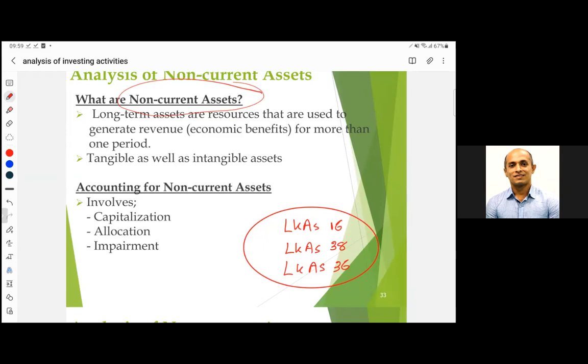So give me one minute, I'll give you the number. LKS 32 and SLFRS 9.